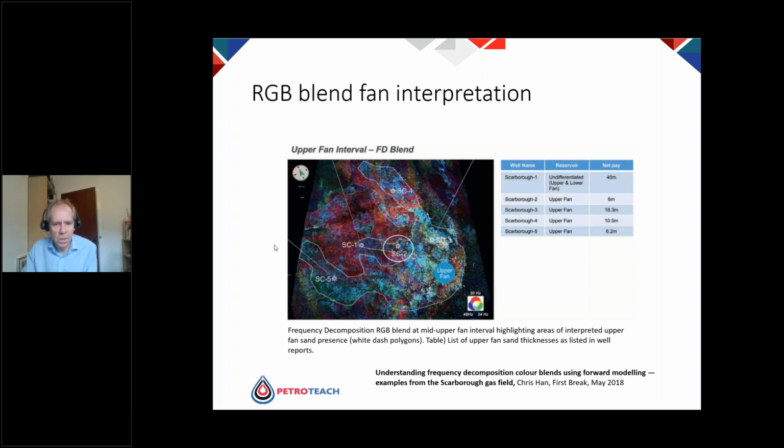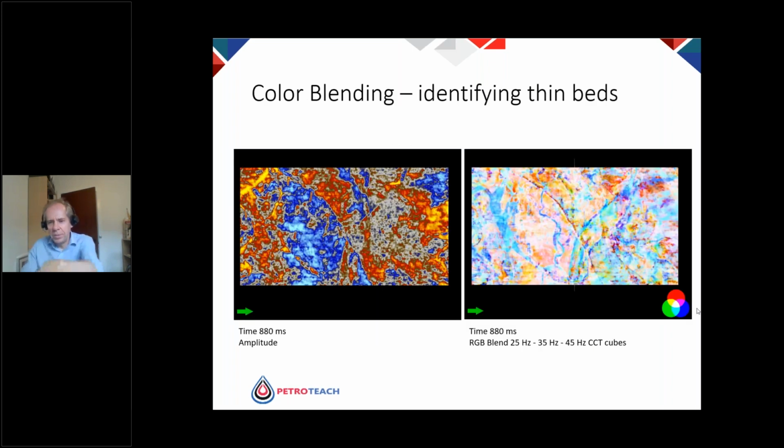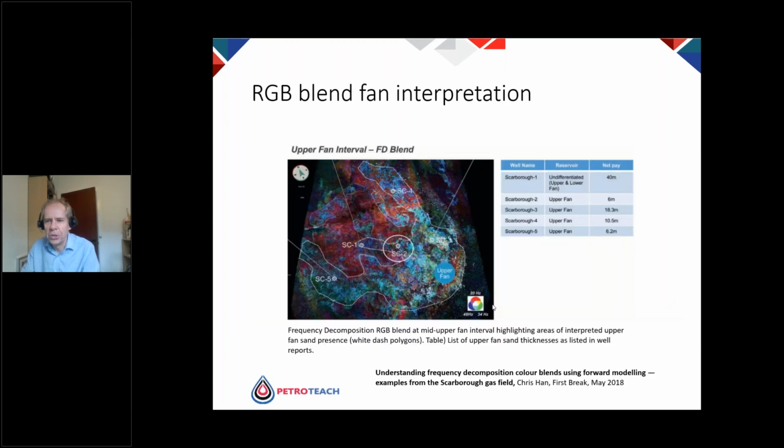You can see there's red parts and then there's blue parts. And they've put this little icon in the corner here, and it makes it much easier to interpret everything if you have the little color combination there. Otherwise, it becomes a little bit hard to work out what you're looking at.